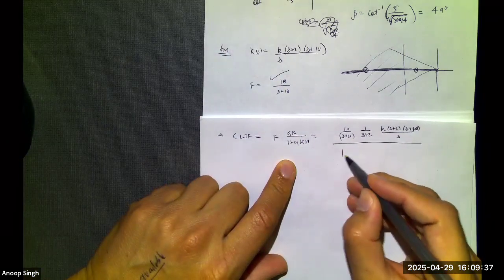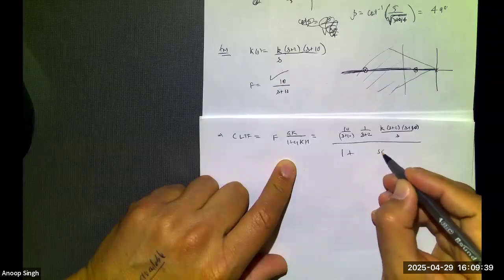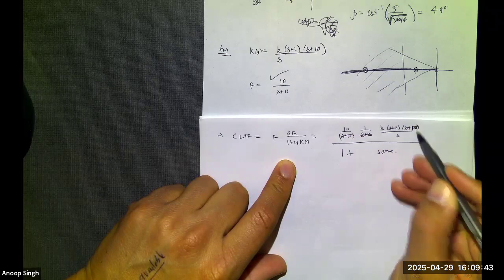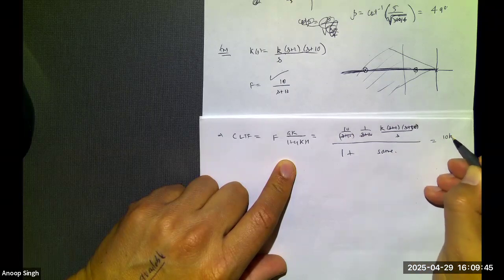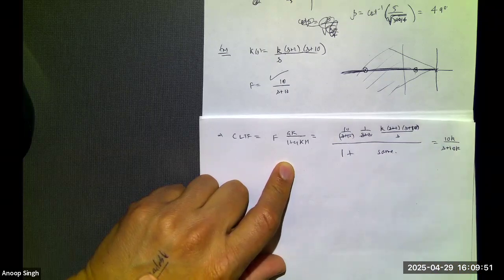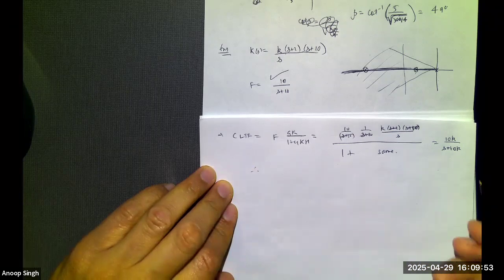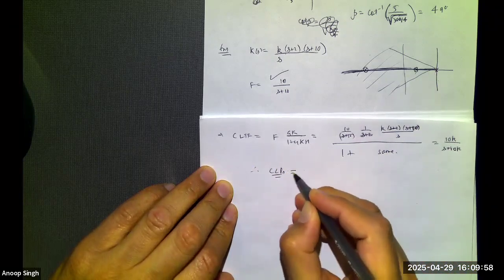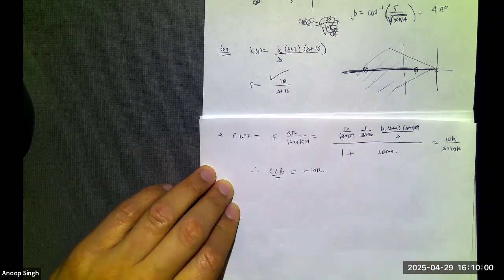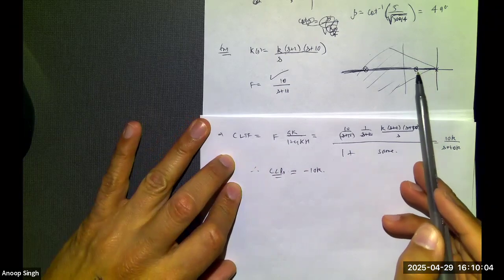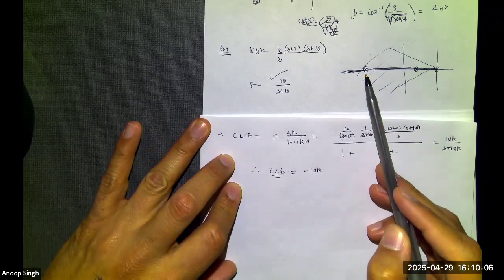Divided by the same stuff, this cancels, this cancels, this cancels. I'm going to be left with 10K over s+10K. Well, that's pretty. Therefore the closed loop pole is equal to minus 10K. As the gain K increases, the closed loop pole becomes more and more negative.